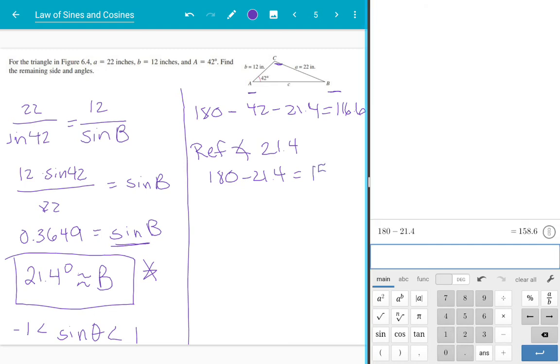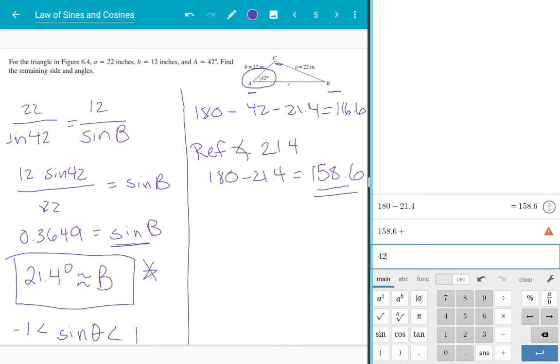We get 158.6. Now, with what's already given, which is the 42, is 158.6 even possible to be in a triangle? That is going to be a no, right? 158.6 plus the 42 gives you 206, which is no way to form a triangle. 206 degrees is too large.